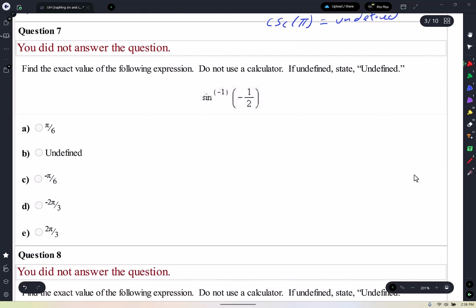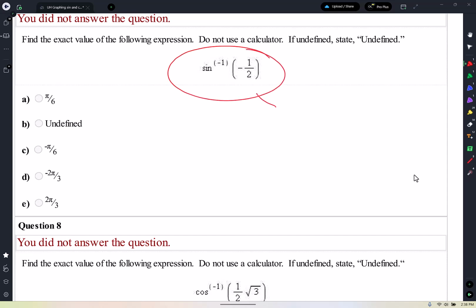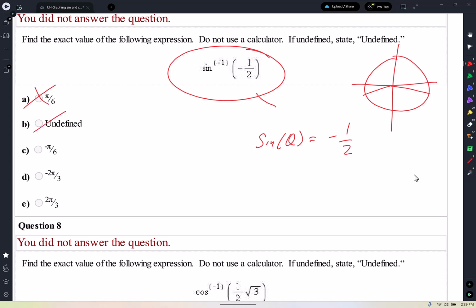Don't freak out. Relax. This means sine of some angle equals -1/2. On the unit circle, sine is going to be -1/2. Let's see. Not at pi over 6, not at undefined. Maybe negative pi over 6.